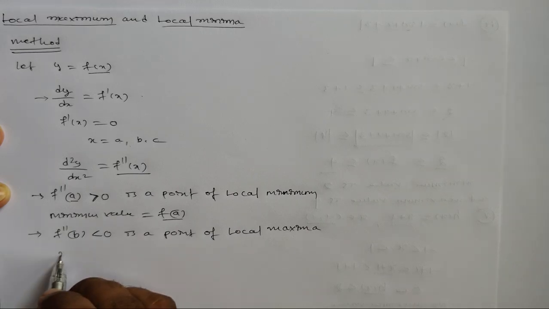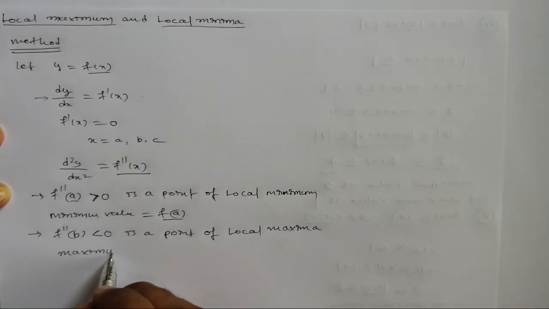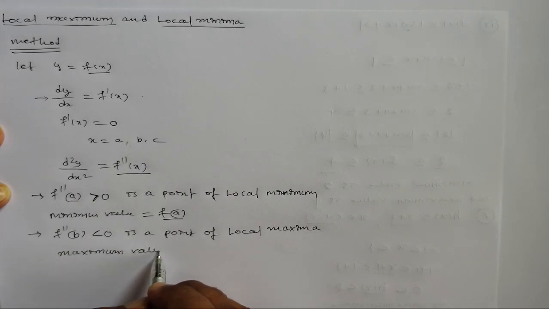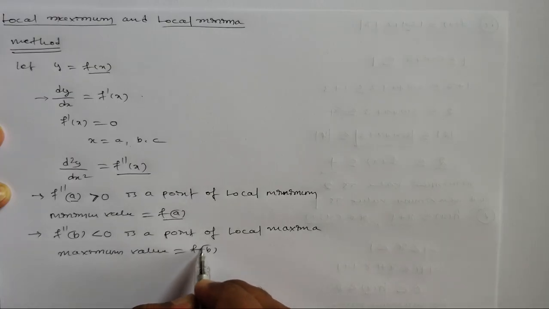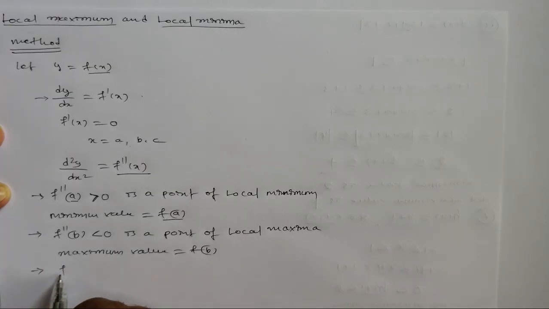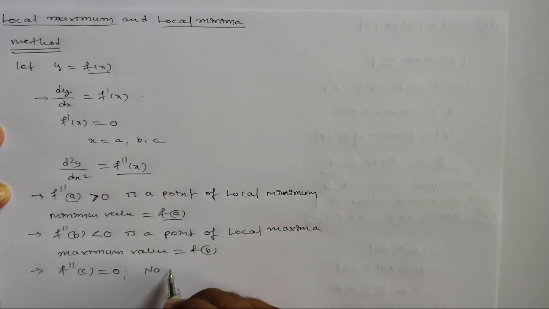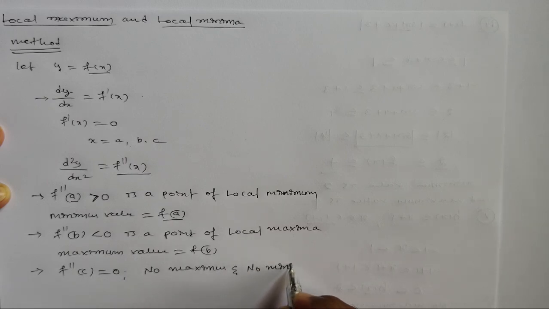So the maximum value is f of b. Suppose we substitute f double dash of c and it equals 0. Then there is no maximum value and no minimum value.